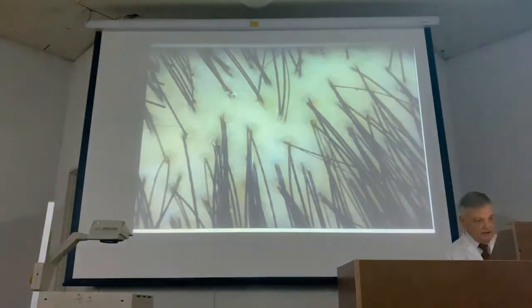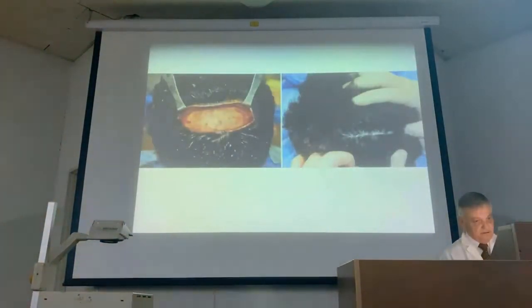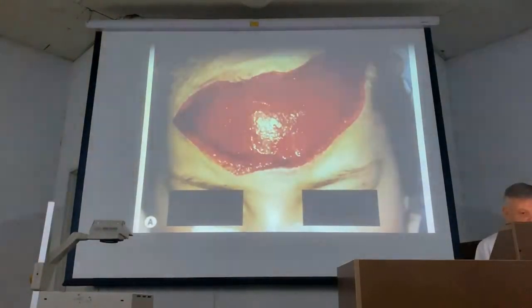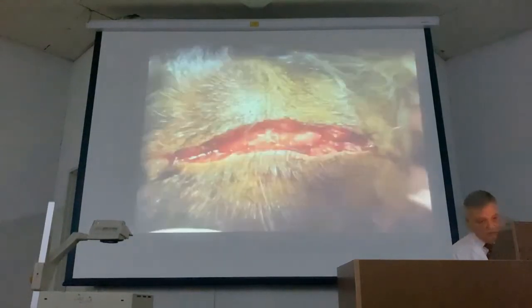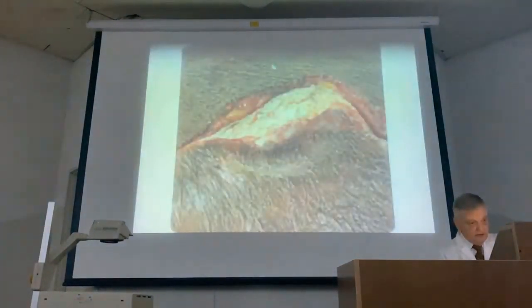You can see the hair follicles with hair coming out of the hair follicles. Wounds of the scalp are serious. And we have so many cases of wound scalps. And we have to suture them and admit the patients to hospital. We will know the reason why.